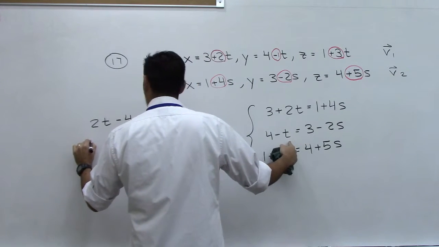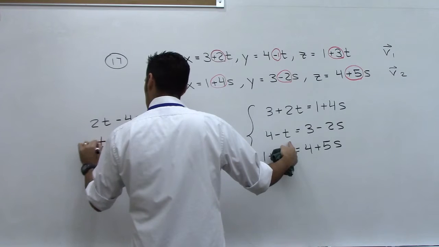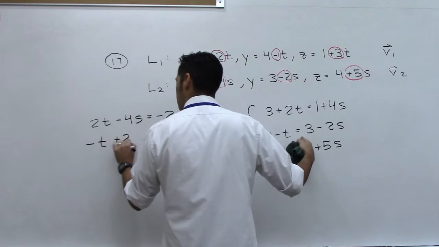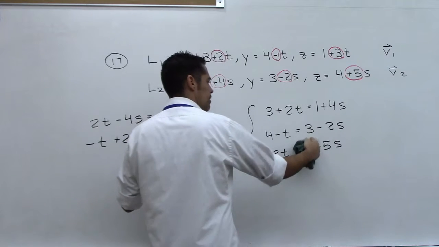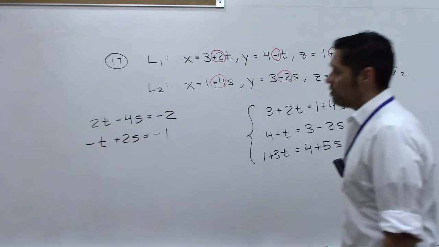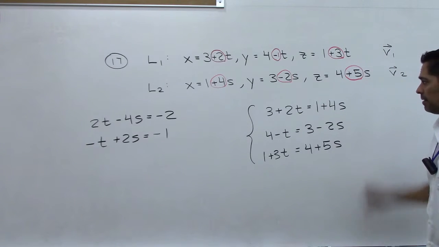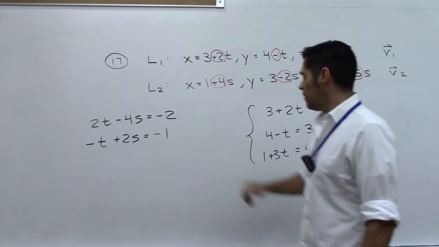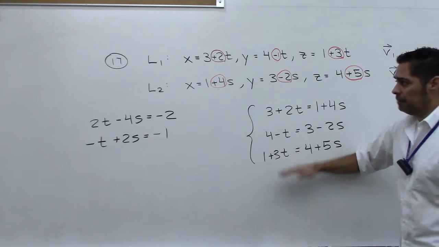Second equation is negative t, and then I'm going to bring this over, the negative 2s becomes plus 2s, and then I have a 3 over here, I'm going to subtract 4, I get negative 1. So this has to be true and this has to be true, which means these 2 have to be true. I'm going to worry about this one in a second.